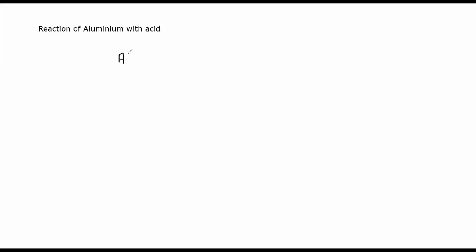So aluminium is a metal, reacting with, say, hydrochloric acid, HCl. This will result in the formation of a salt, aluminium chloride, AlCl3, plus hydrogen.